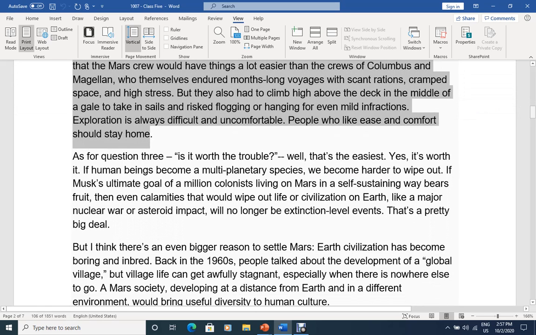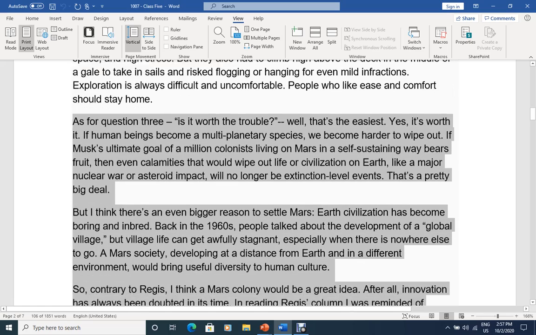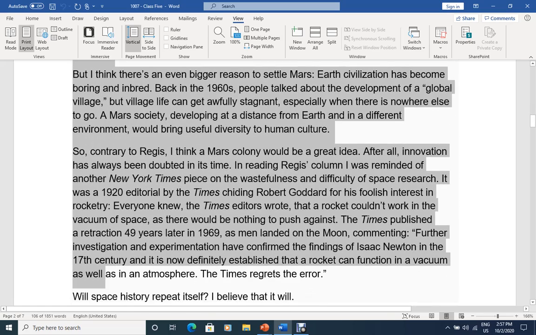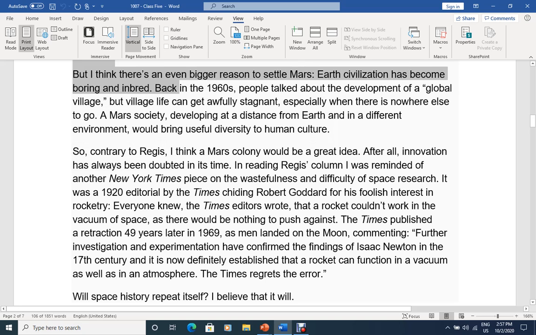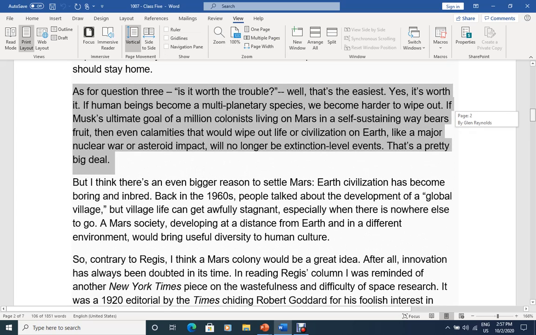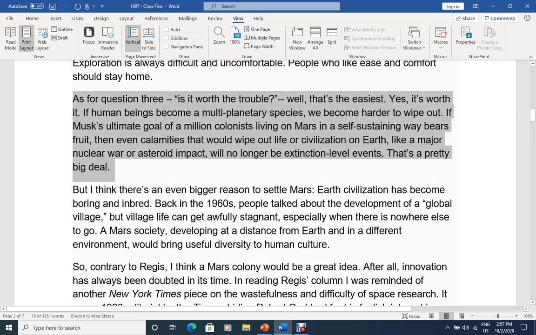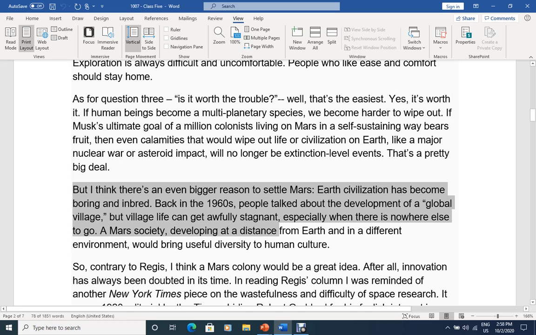And then we have a big chunk of the article where he's talking about a few of the different benefits of going to Mars. So it's all one section, but we can see that it's subdivided as well. He's got a question here where he talks about one of the benefits of going to Mars. That's one paragraph. Then he looks at a second paragraph that's focused on a different benefit.